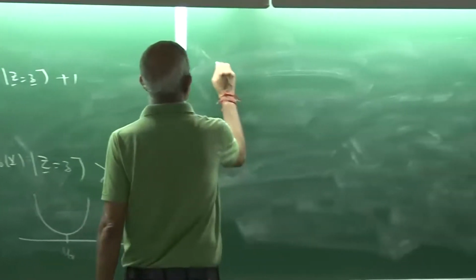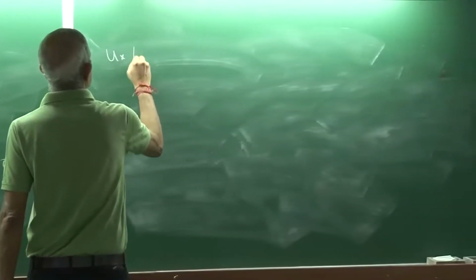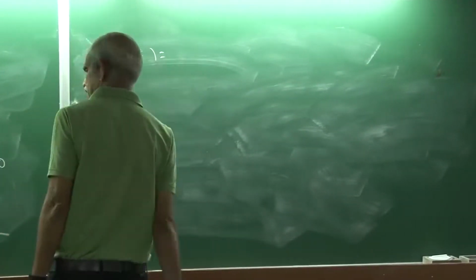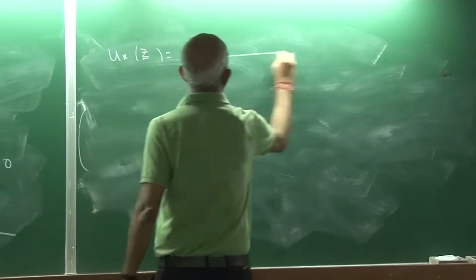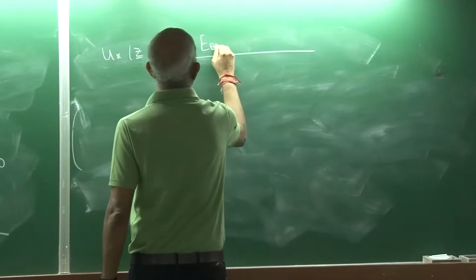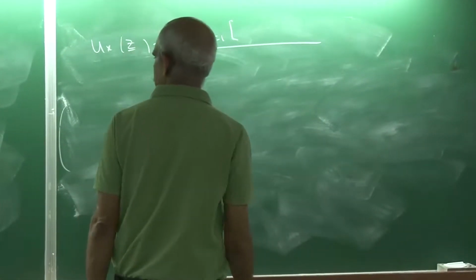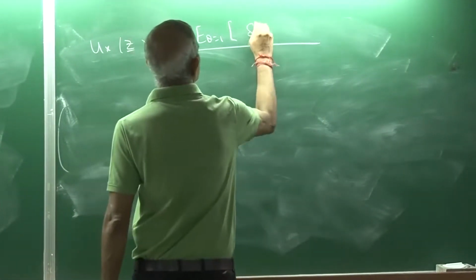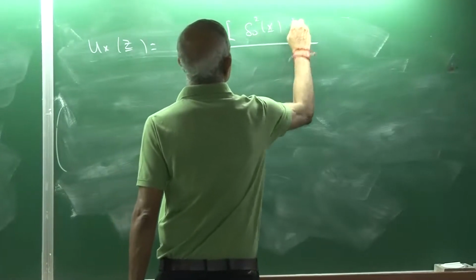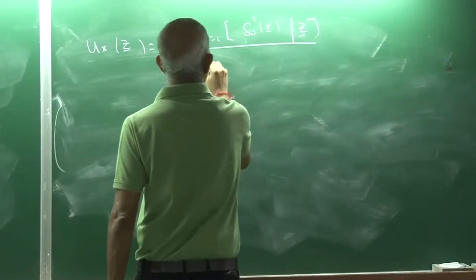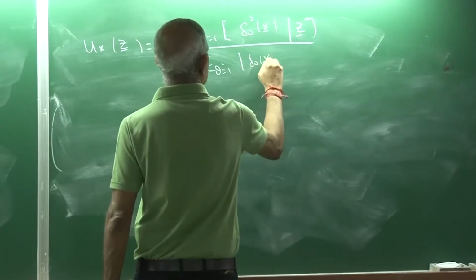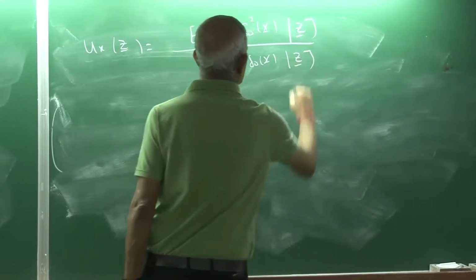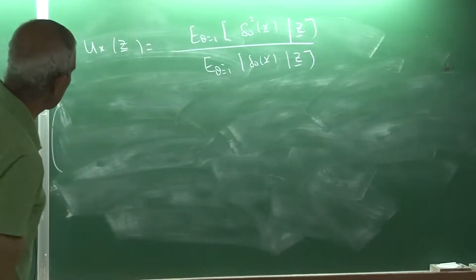So U star Z in this case turns out to be E at theta equal to 1 of delta naught square x given Z, and your MRI is this.